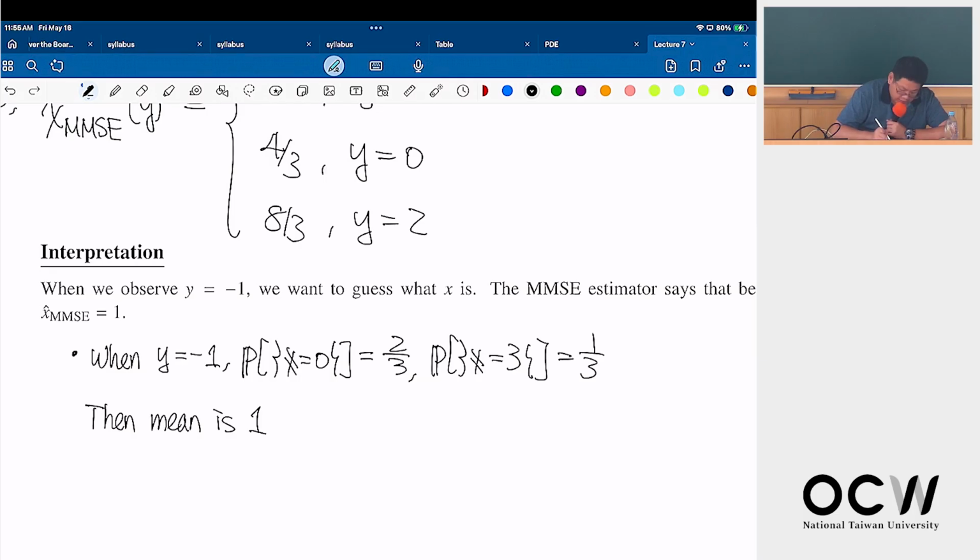So it makes sense, and it is a reasonable guess.